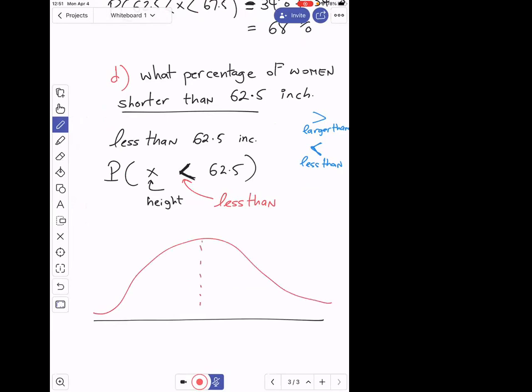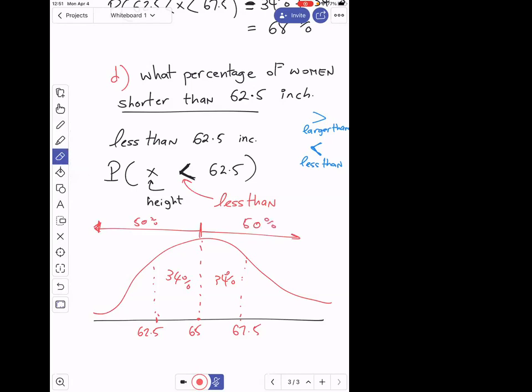This is your 65 right here. There's this 62.5, we said this is 34%. This is 67.5, and that's 34%. And from here, to the left of the mean, that's 50%, and to the right of the mean, that's the other 50%.